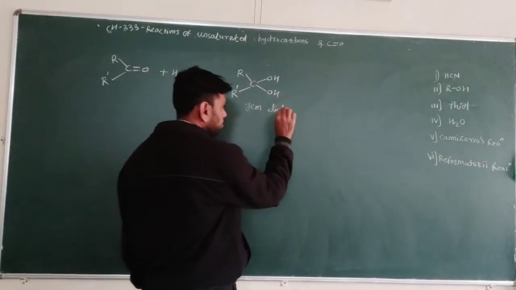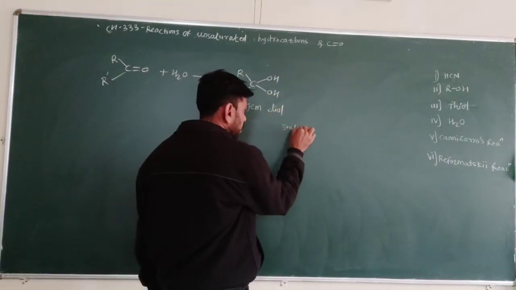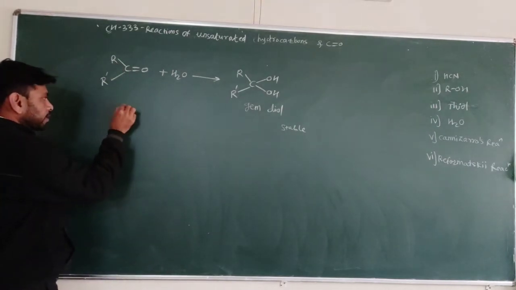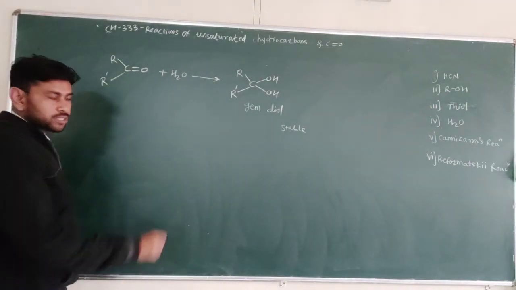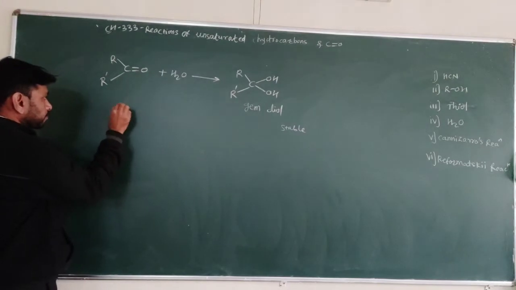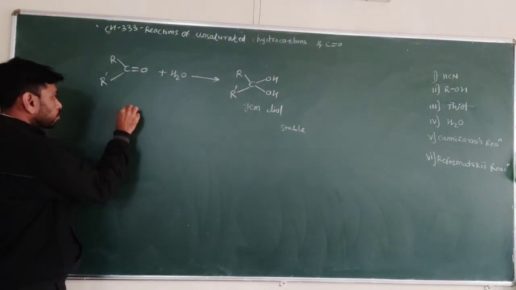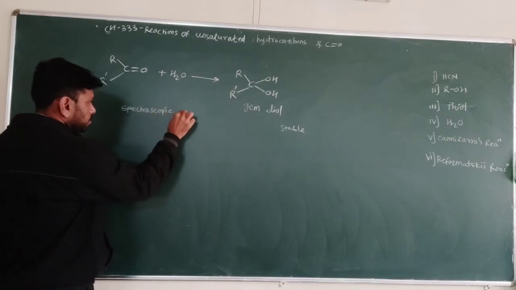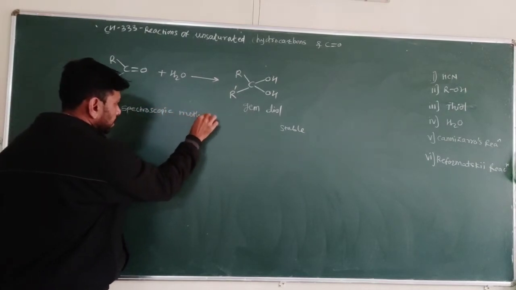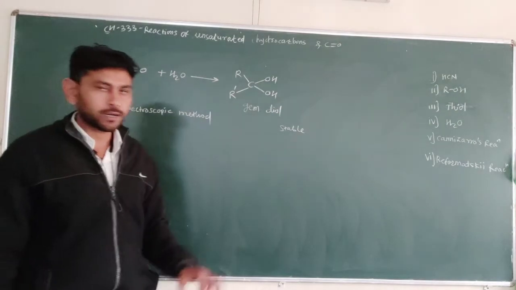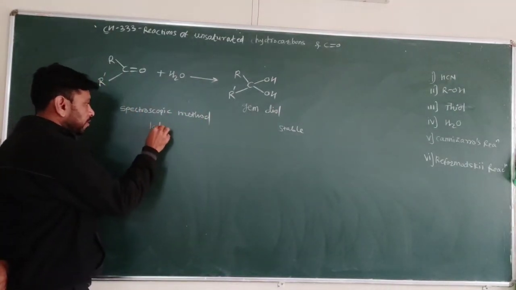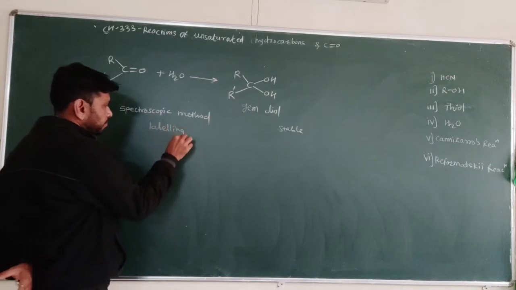This gem diol is not very stable, and its existence can be predicted by the spectroscopic method, and it can also be predicted by labeling experiment.